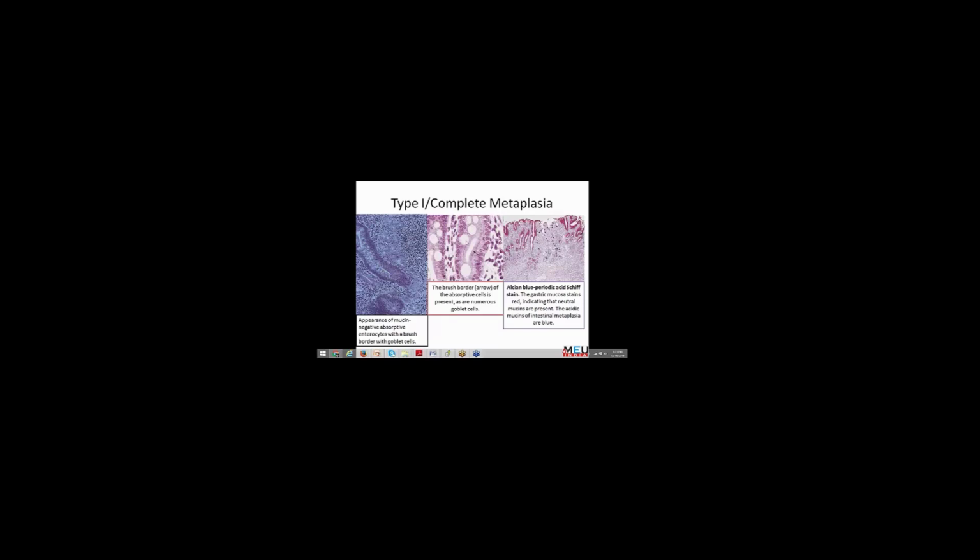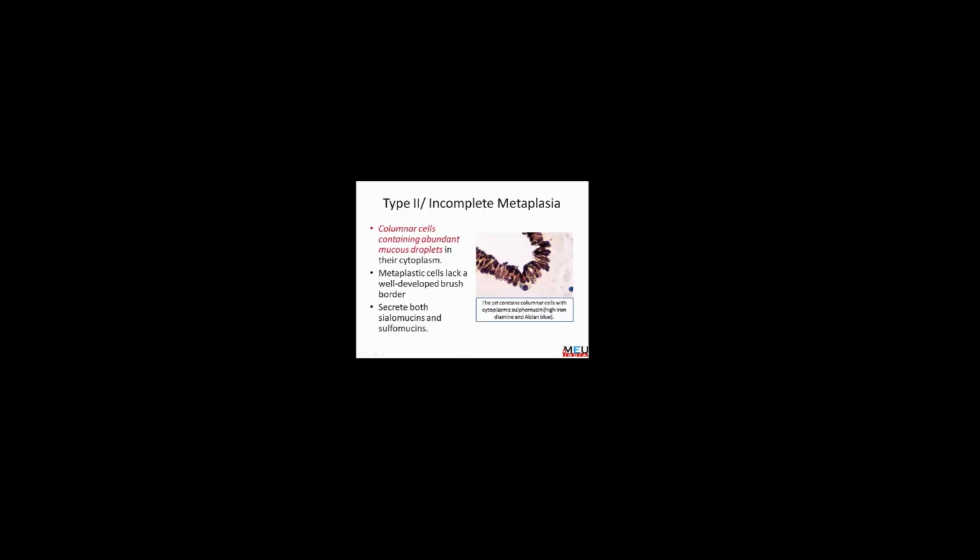Here you can see the brush border on a higher magnification, and numerous goblet cells are present. Here the Alcian blue periodic acid-Schiff staining is done, and you can see the goblet cells are positive for Alcian blue staining, and the gastric mucosa is staining red, indicating that neutral mucins are present. The acidic mucins of intestinal metaplasia are blue.